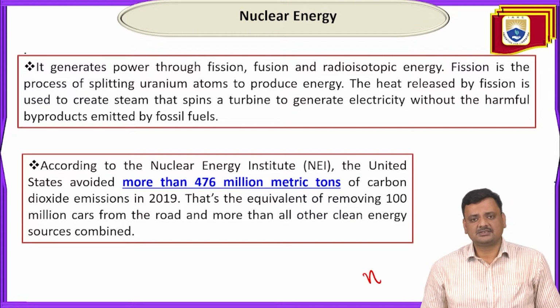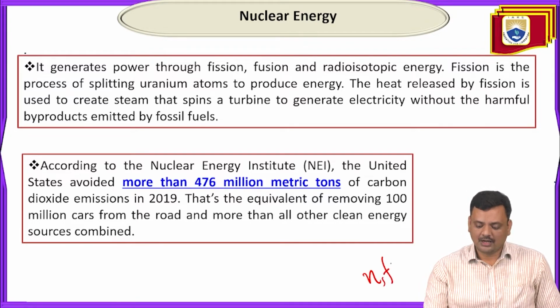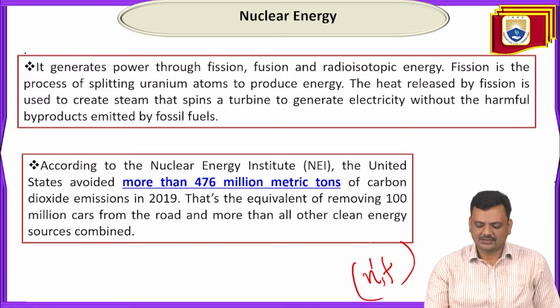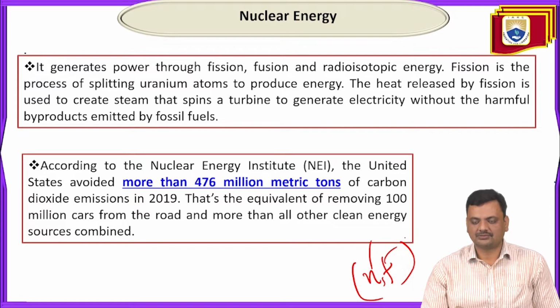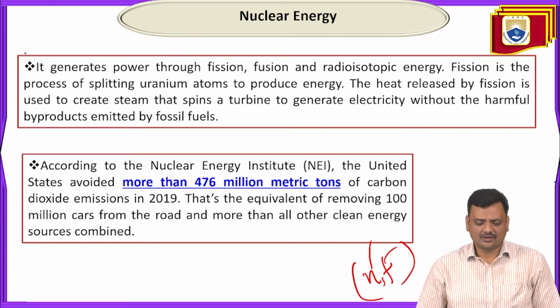And this process is called fission. Okay, fission reaction, where neutron and fuel react. N stands for neutron, F stands for fuel. So what is nuclear energy? Nuclear energy is a kind of energy.